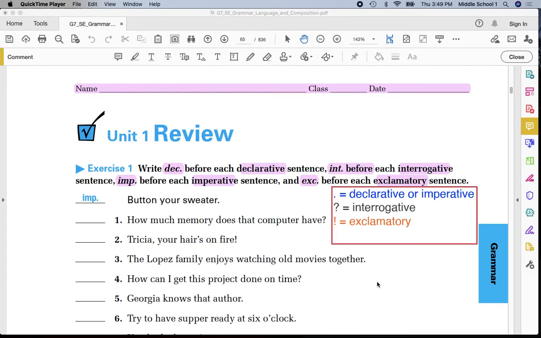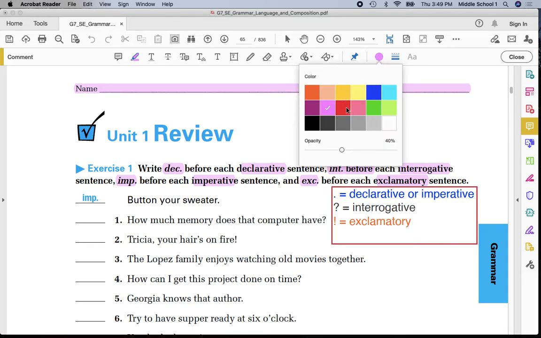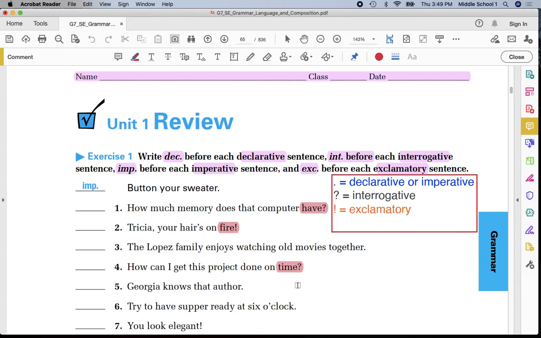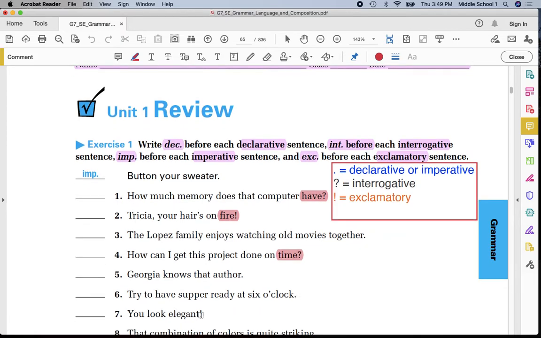My task is to look at these sentences and then determine what kind of sentence it happens to be. As I look down the list of these sentences, I can easily tell just by looking that some of them are going to be easy to label because they have a question mark or an exclamation mark.